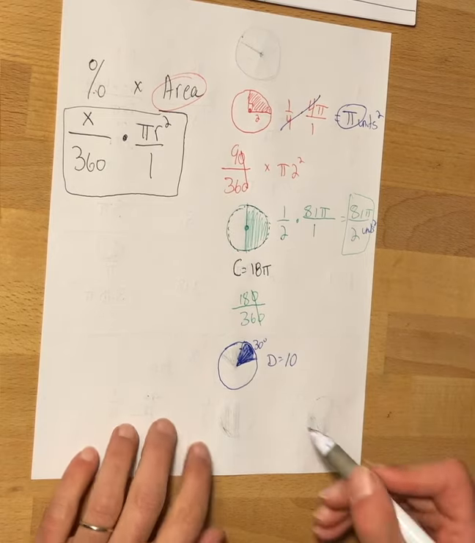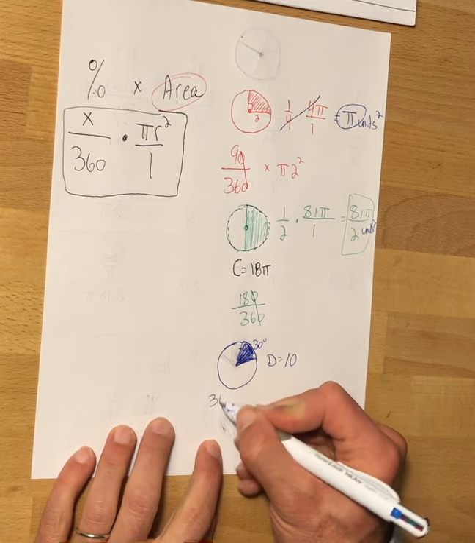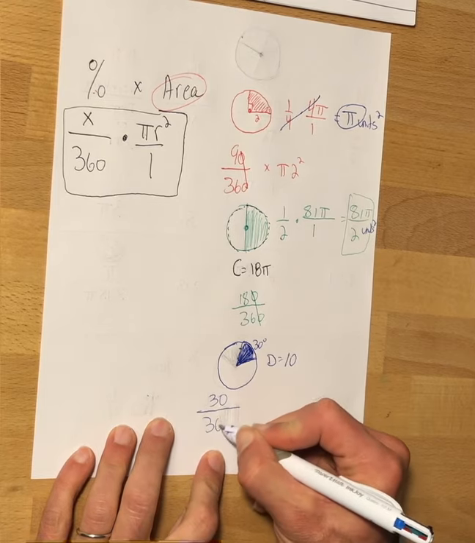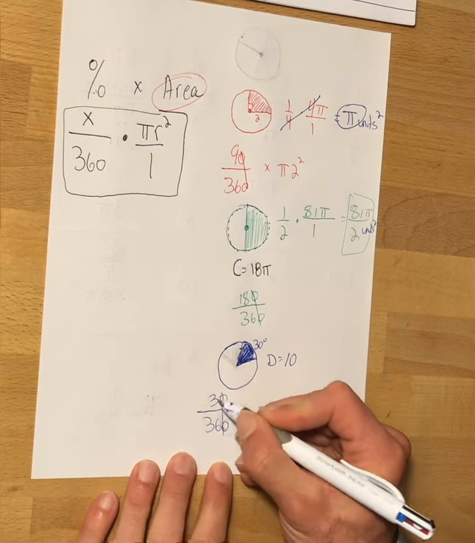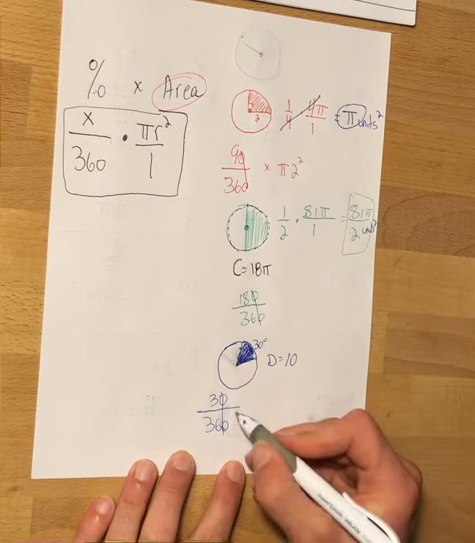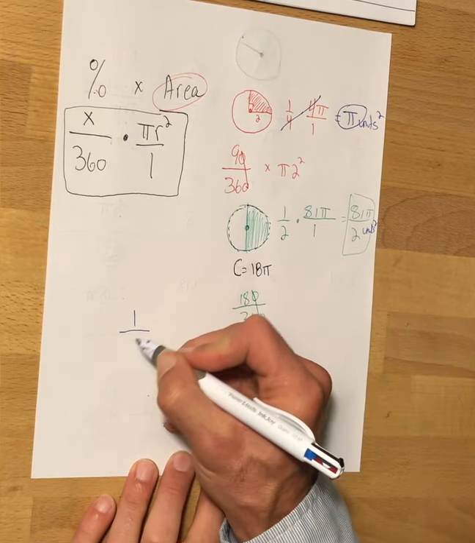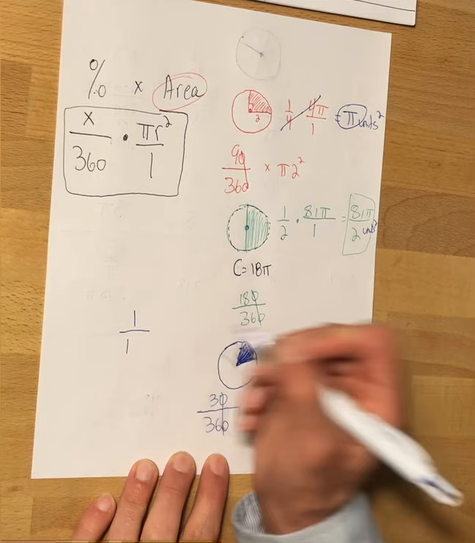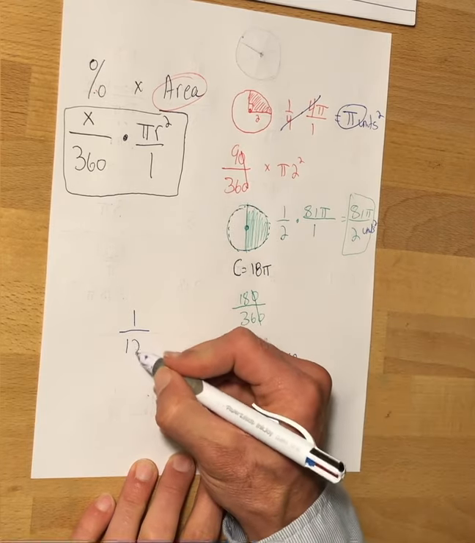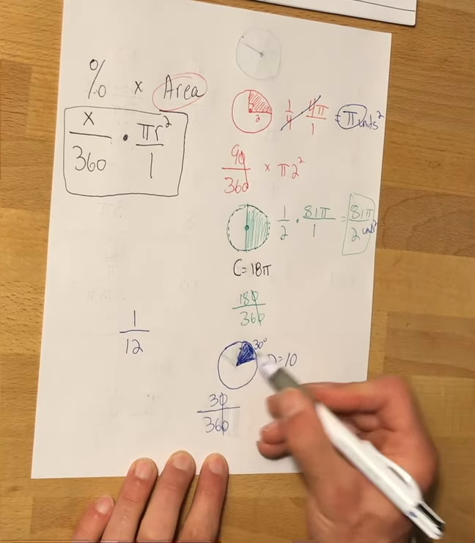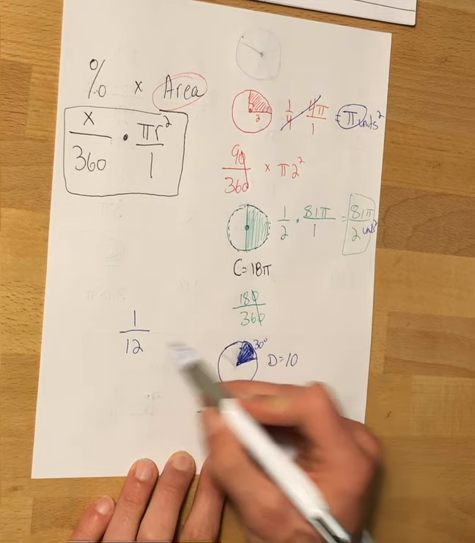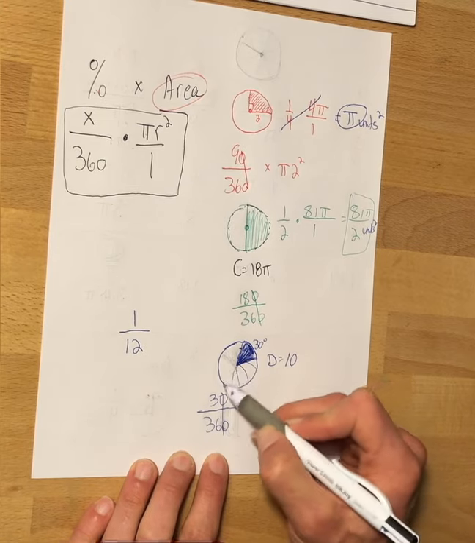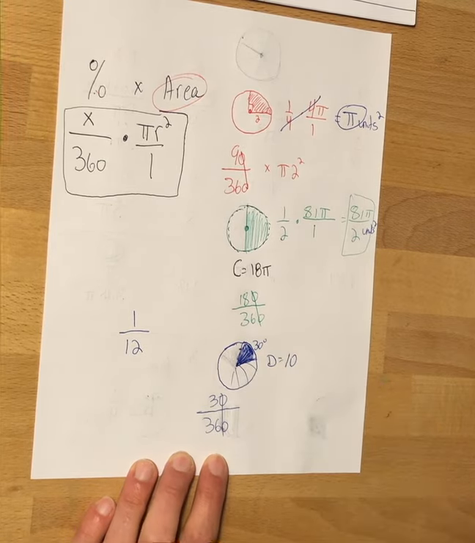Okay, if you paused it, you should have said 30 over 360 reduces to 3 over 36, or 1 over 12. This is 1/12. Because if you have 12 of these, 30, 30, 30, 30, 30, 30, it would make up the full circle.